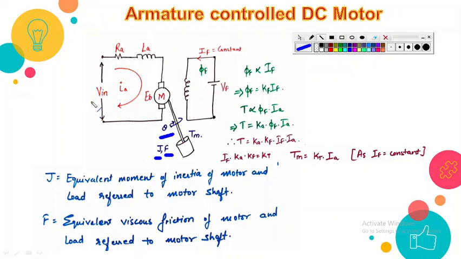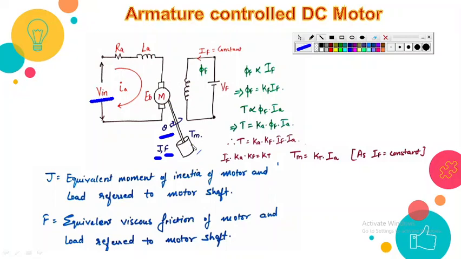And what will be my input? Input is the signal that we are giving, and that input is my Vin. So Vin is the electrical input, and the output is the rotation of the load through this motor, to which the load is coupled with a shaft. So that is rotating.